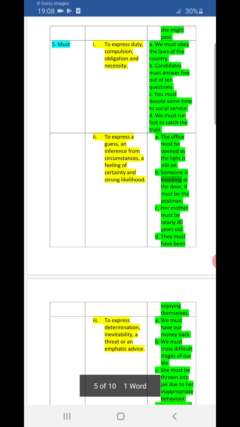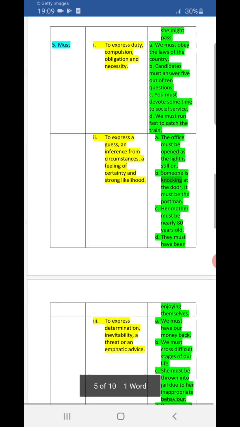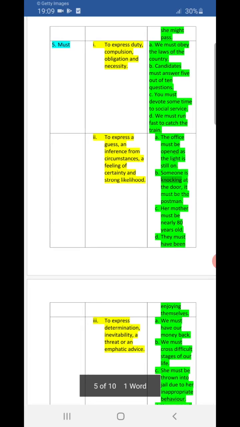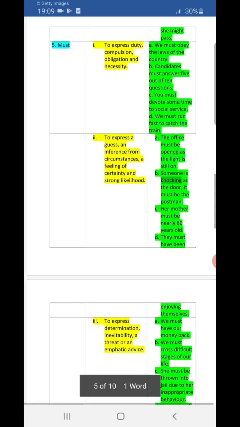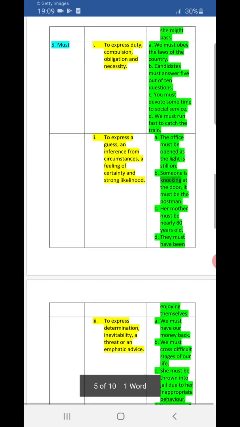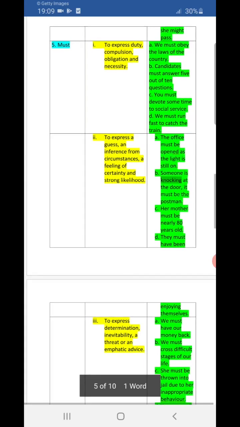So it's an inference, okay, that someone is knocking at the door and it must be, someone is sure about the time period when the postman arrives over there, or when the postman is supposed to arrive there.